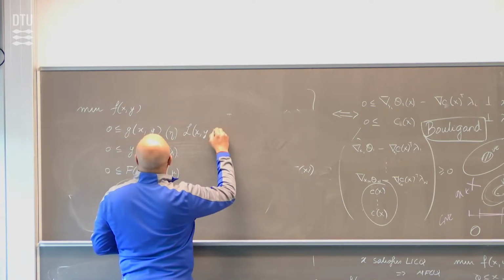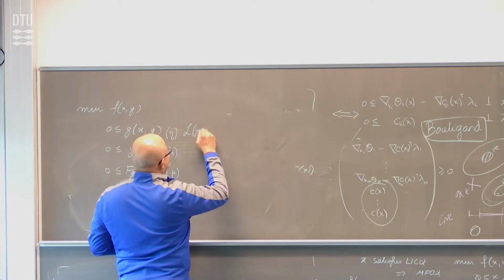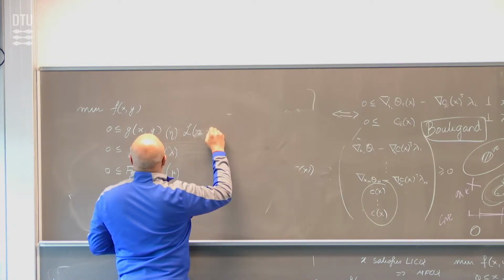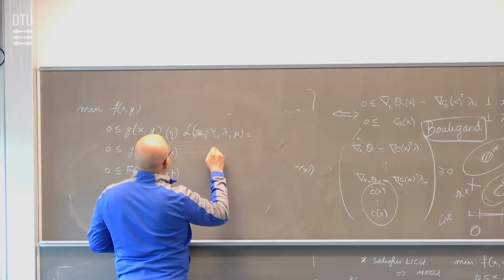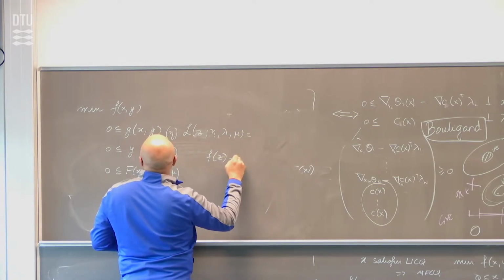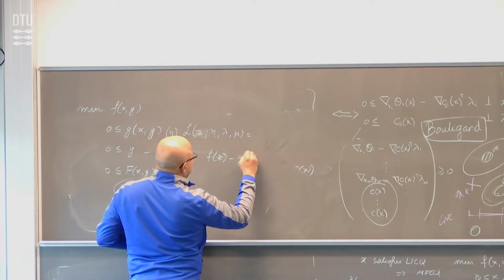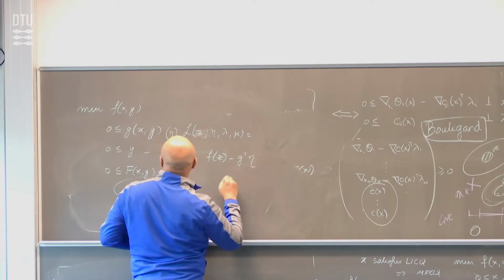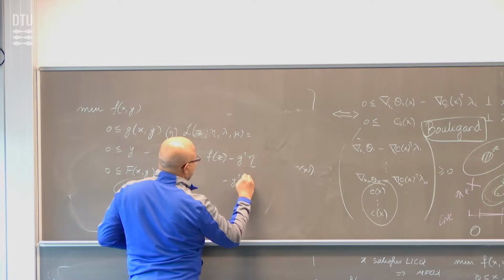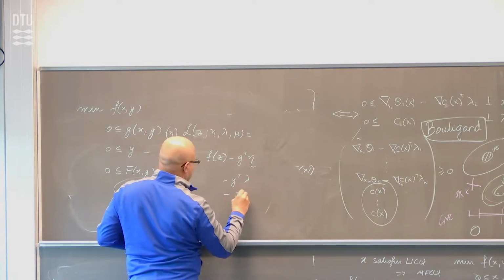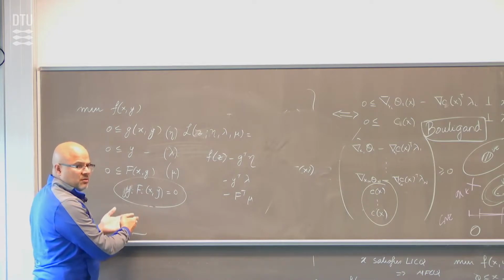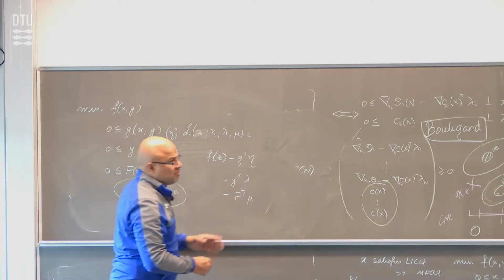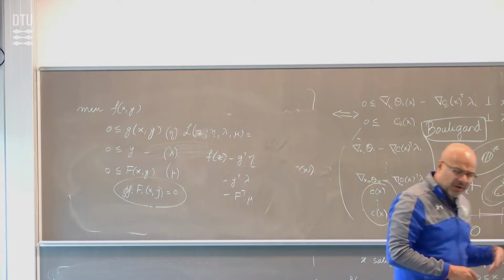So L of z, eta, lambda, mu is equal to f of z minus g transpose eta minus y transpose lambda minus f transpose mu. And notice I've ignored this one. So this is the MPEC Lagrangian, and I'll show you how it makes sense.